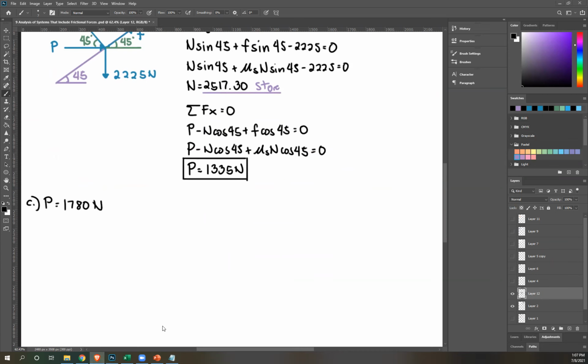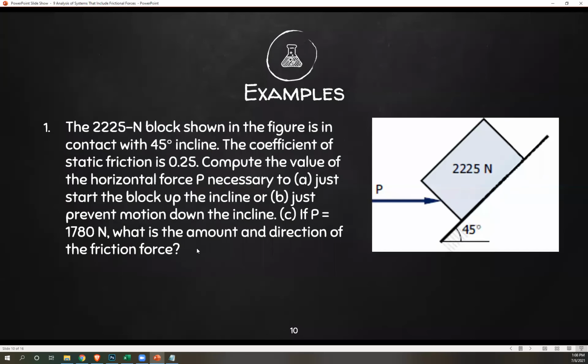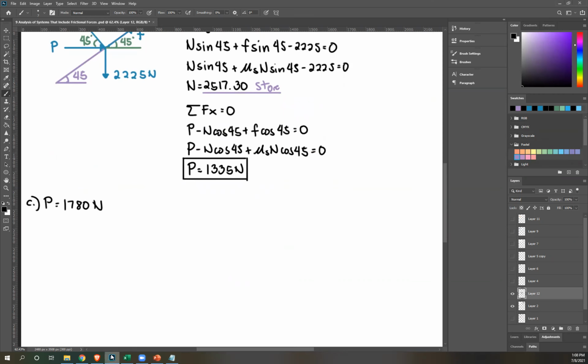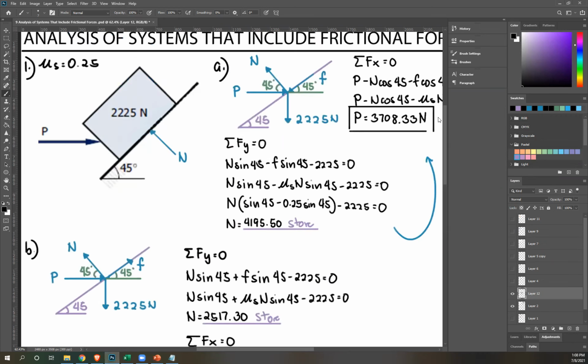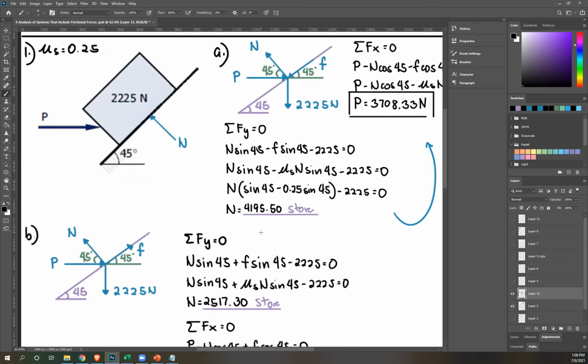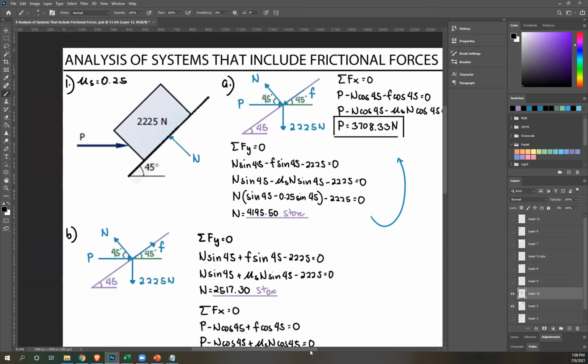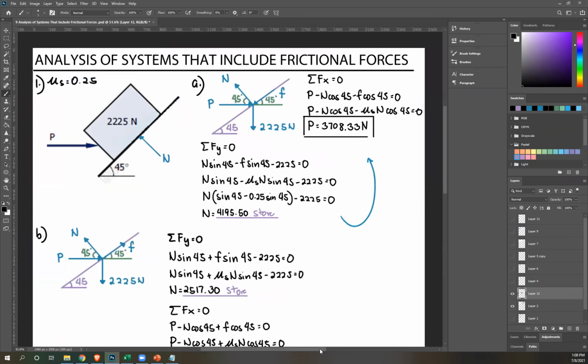So again, we have a given force. The question is amount and direction of the friction force. So to get direction, what is the difference in equations for A and B? So the only difference is in the direction of F, because one is moving upward, the other is moving downward, right?